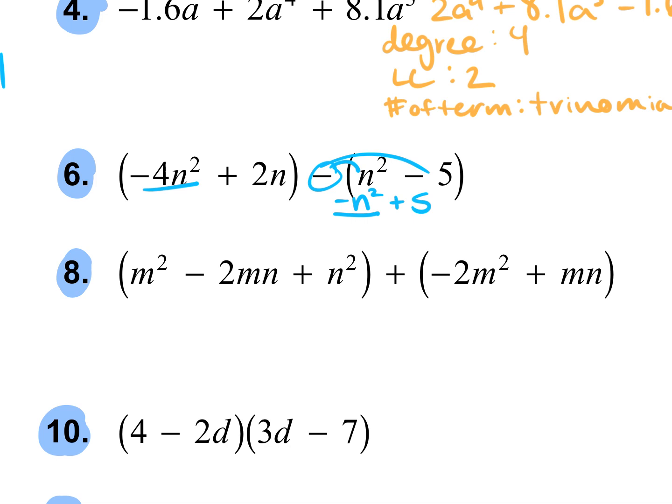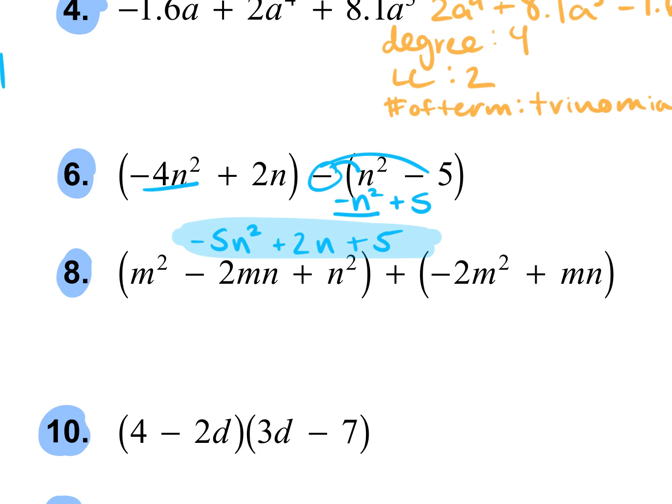Negative 5n to the second power. Perfect. And then what would come next? Plus 2n. Awesome. And then plus 5. The other two are not like terms, so we just leave them. And then we have to leave our answer in standard form, so start with the highest degree and then just go down from there.